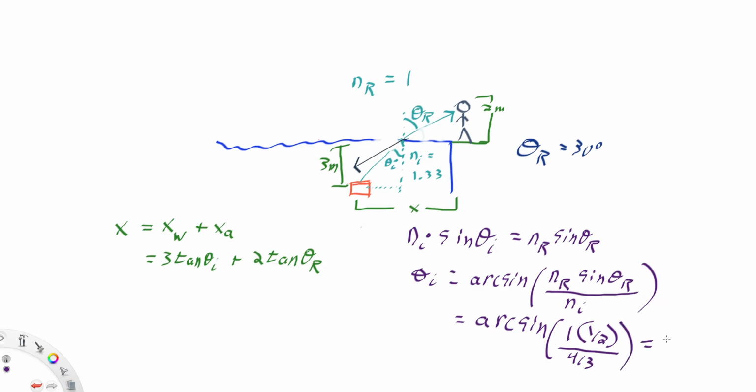Doing a little bit more simplification here, a half over 4/3 is the same as a half times 3/4. So it's going to be 3/8. And now we can pull out our calculators. What is the inverse sine of 3/8?